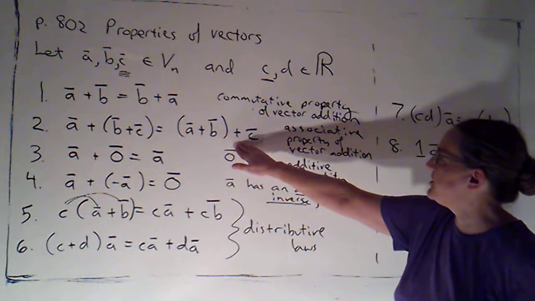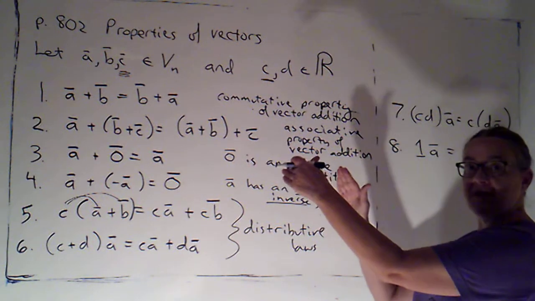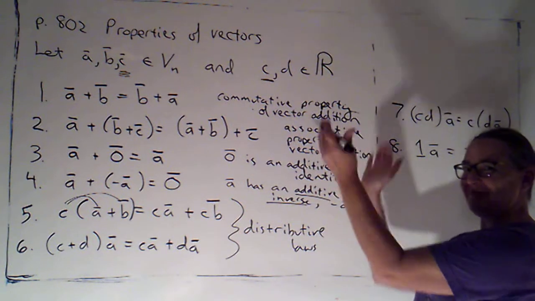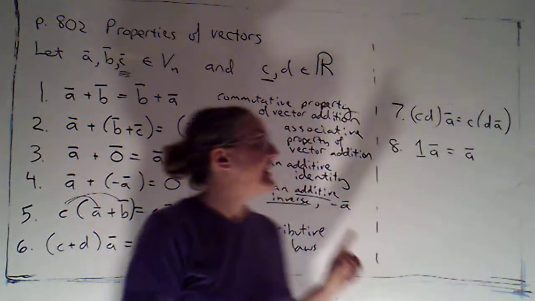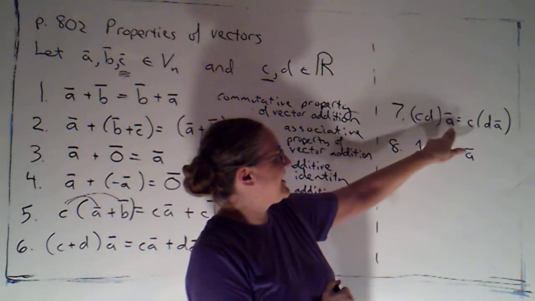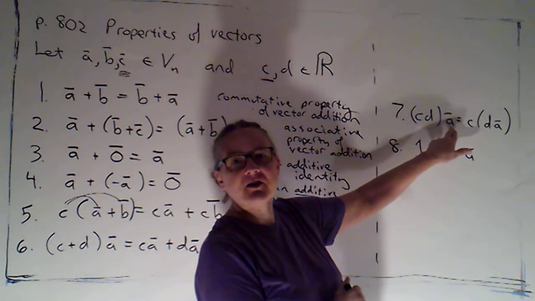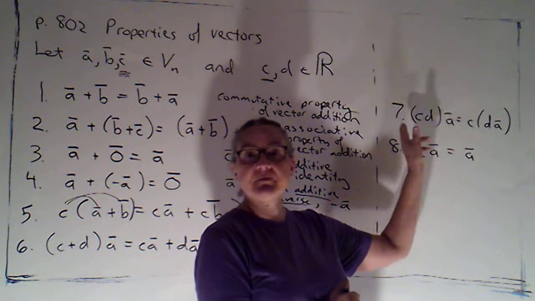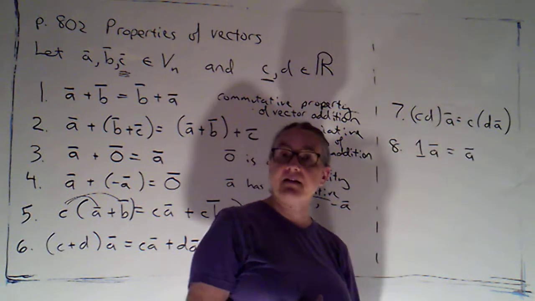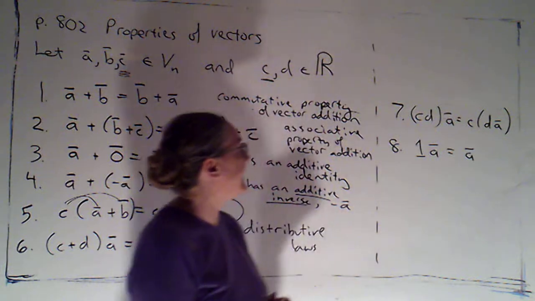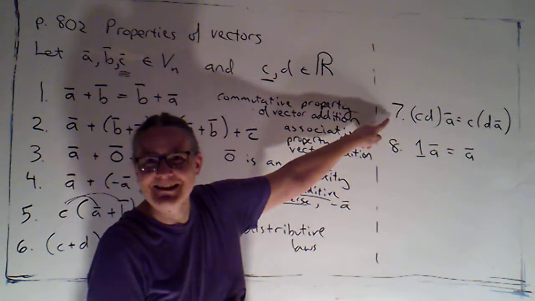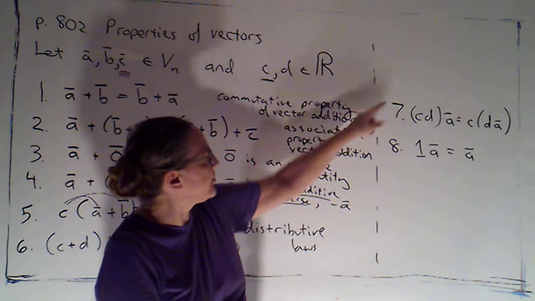Here, with this associative property, all of the objects were vectors, and I was just associating them in different groups. Here I've got three objects. Two are scalars and one is a vector. That's because we're dealing here with multiplication, and with multiplication I don't have to have like terms. Okay, I don't have a lot of space here, so I'm not going to write it down, but that's another associative property.